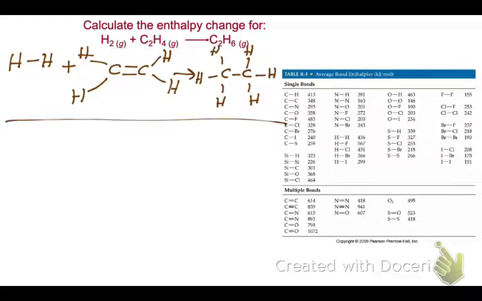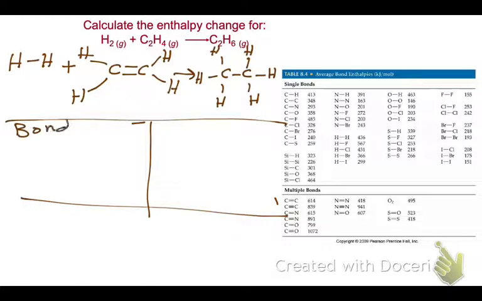ethane. So next I'm going to have my two columns here, and I'm going to say, okay, bonds of reactants, and then here bonds of products. For bonds of the reactants, I have one hydrogen single bond, and that is 436 kilojoules.